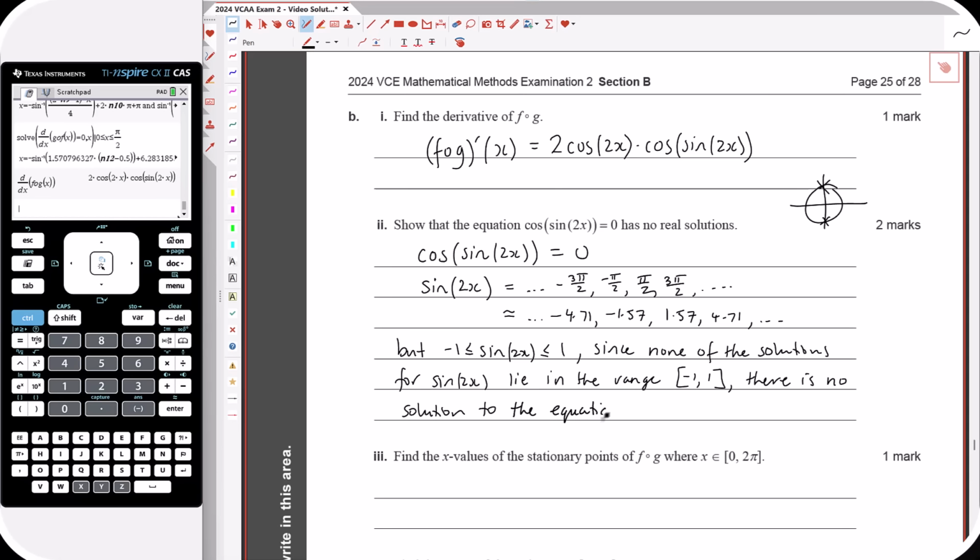So first, there's no solution to the equation sine of 2x equals some multiple of pi on 2. Some odd multiple of pi on 2, and therefore there can't be any solution to the equation cos of sine 2x equals 0.